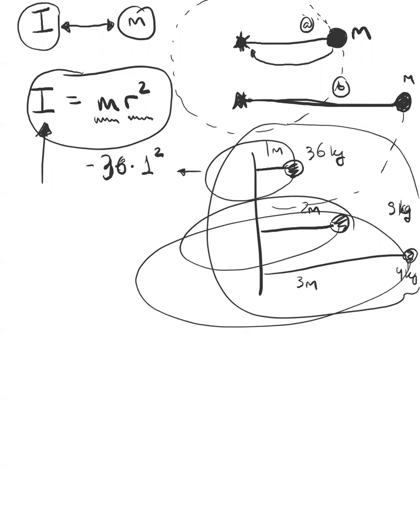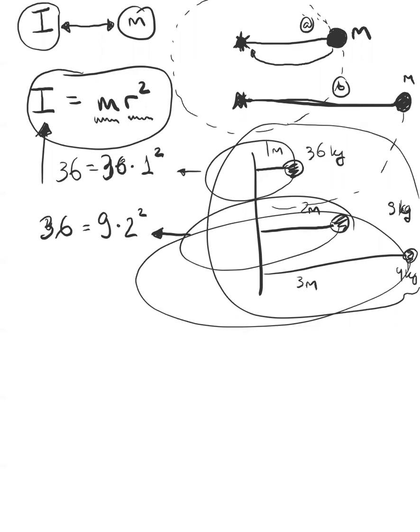This is 36. For the second object, the mass is 9. 9 times 2 squared. This is 4 times 9, 36.